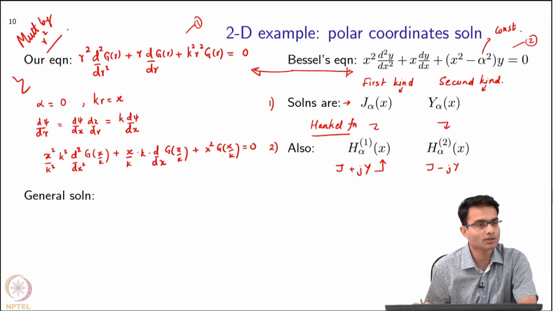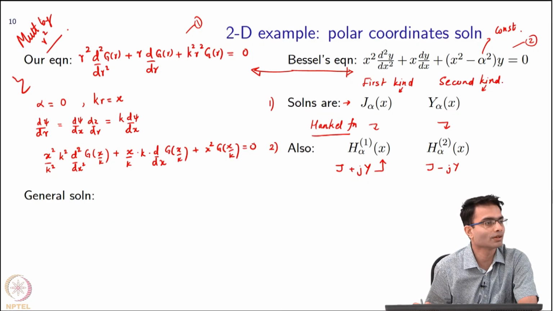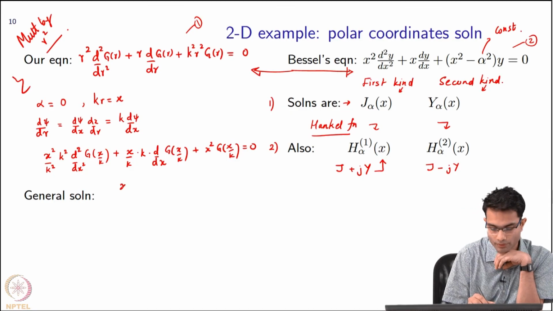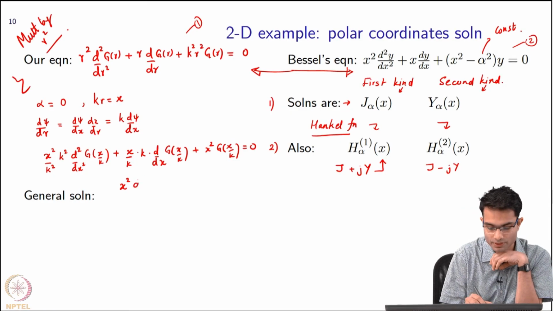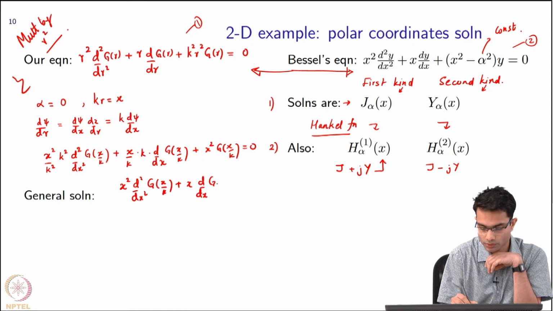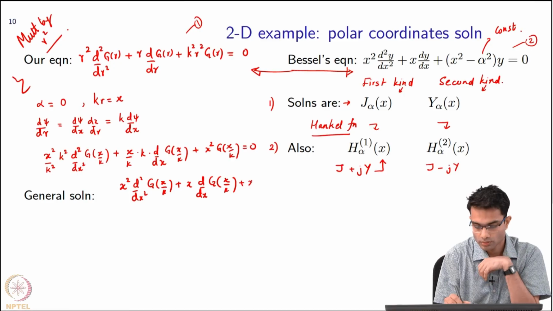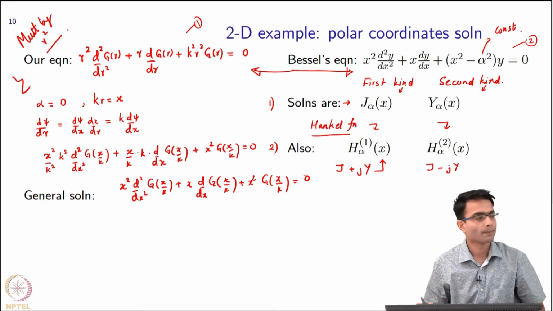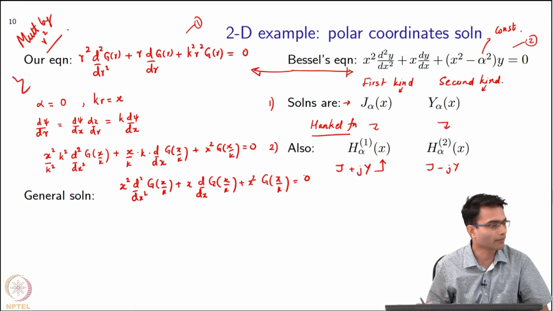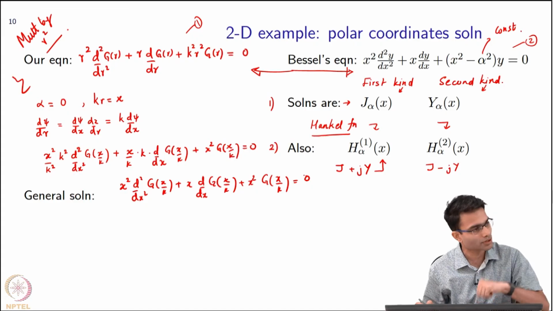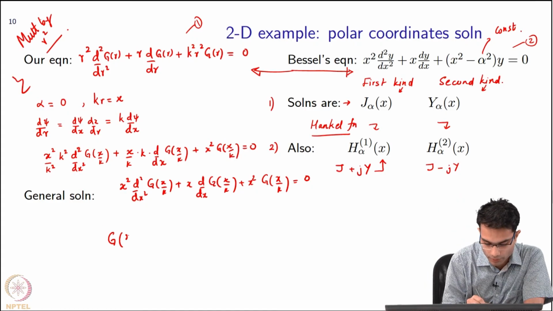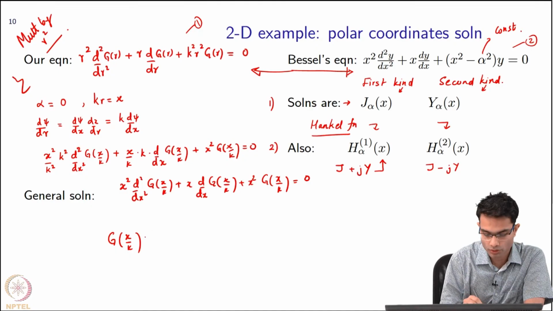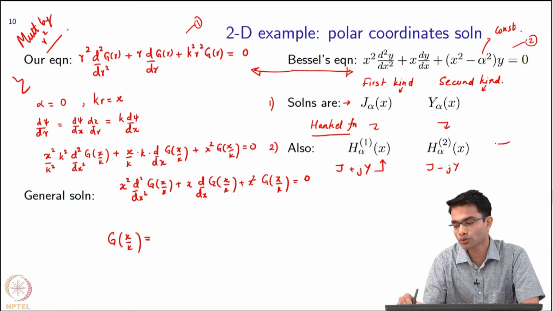So, conveniently for us, all the k's cancel off, and I get exactly the Bessel's differential equation, which is as follows. So, the solution is, I can write down g of x by k is going to be equal to, let's assume the Hankel form.